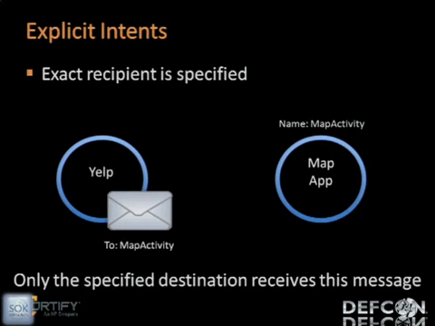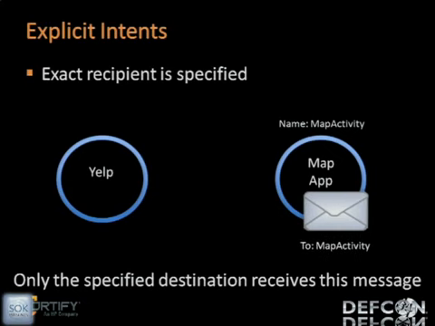Suppose the Yelp application had a particular map application that they wanted to use. To do this, Yelp simply creates an explicit intent, addresses it to that particular map application, and then sending the intent will launch that map application. With explicit intents, it's important to note that only the specified destination will receive this message.